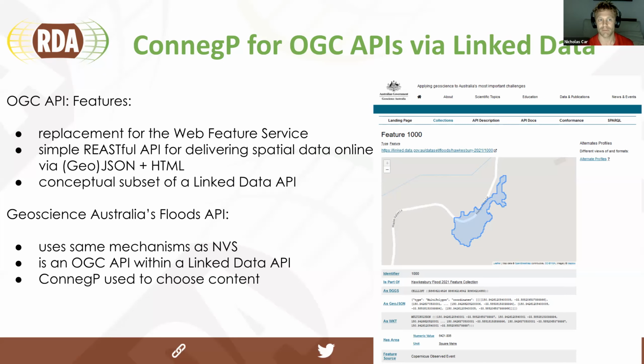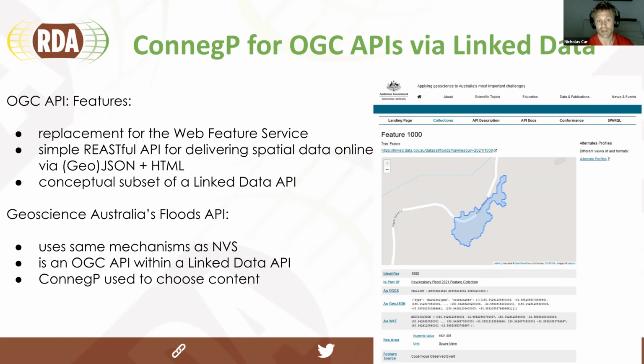It's RESTful instead of query string argument, but it's very similar to Web Feature Services. But all the operations that you need to do with an OGC API are all able to be expressed as content negotiation by profile or linked data API functions. So we've created many now, I would say 10, 15 plus different OGC APIs that are in fact linked data APIs using content negotiation by profile.